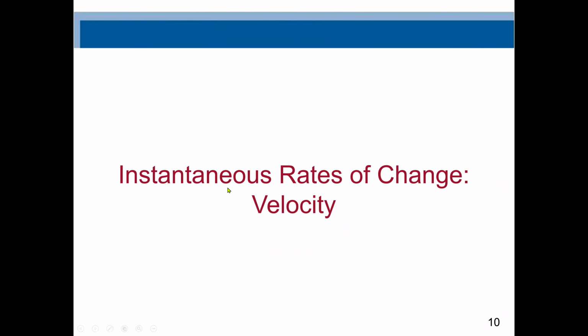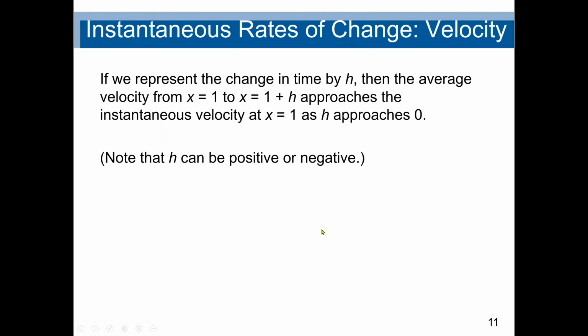So we're going to move to what we call the instantaneous rate of change, velocity. It is the same concept as velocity. Here we say we can represent the change in time by h, so we're going to use h notation. Then the average velocity from s equal to 1 to s equal to 1 plus h, because of the time difference.